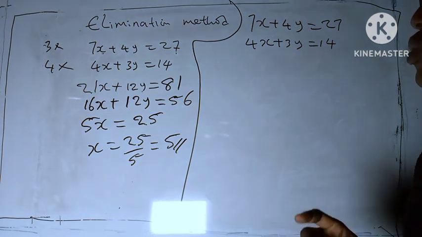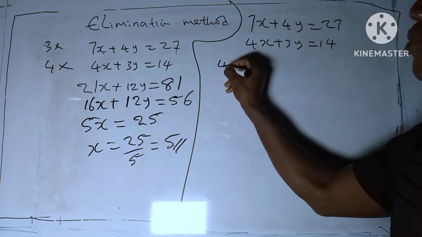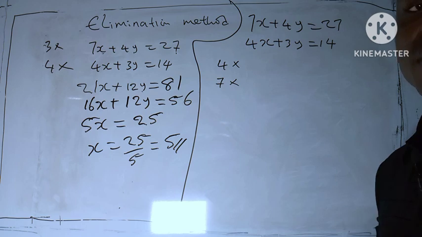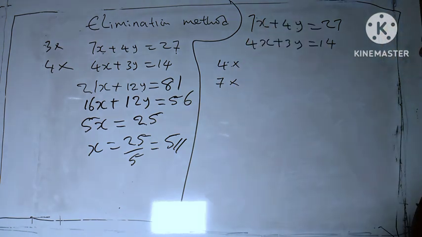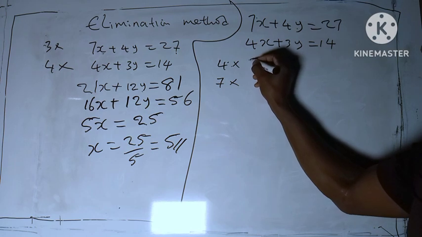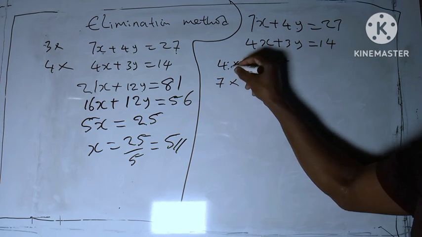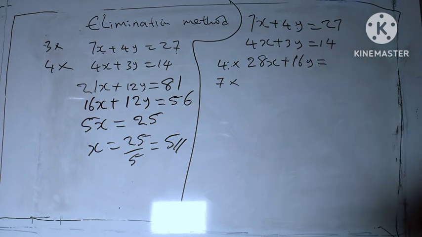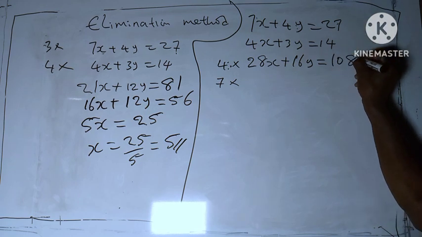Are you getting it? So the two numbers are 4 and 7. So let's multiply. 4 times 7x will give us 28x plus 4 times 4y gives 16y equals 4 times 27 gives 108.